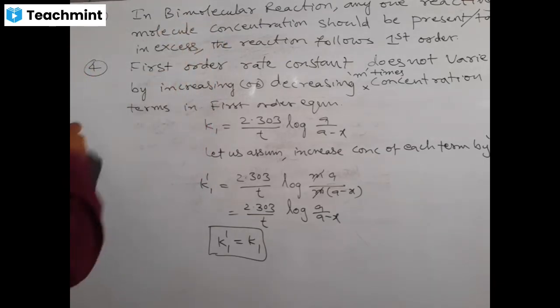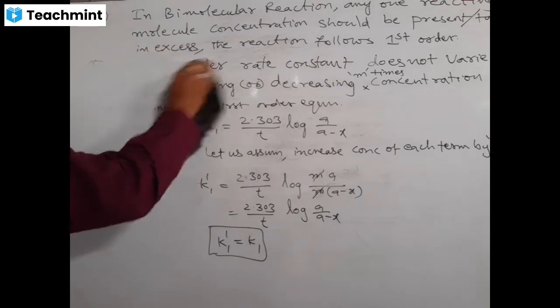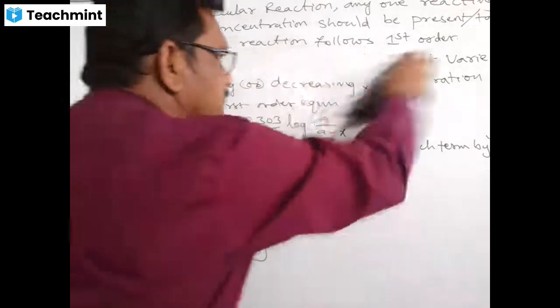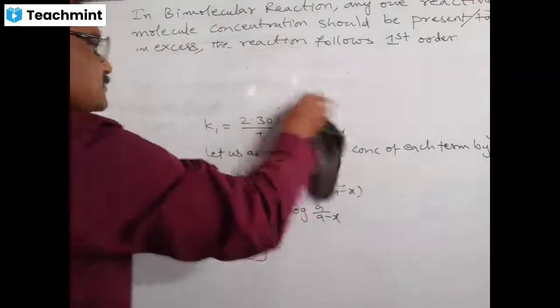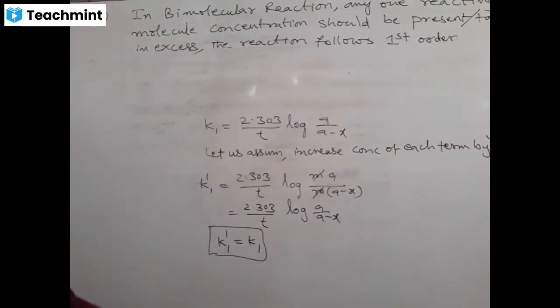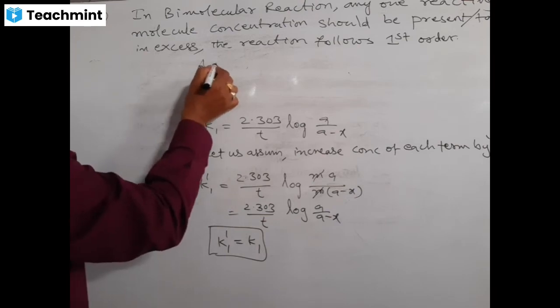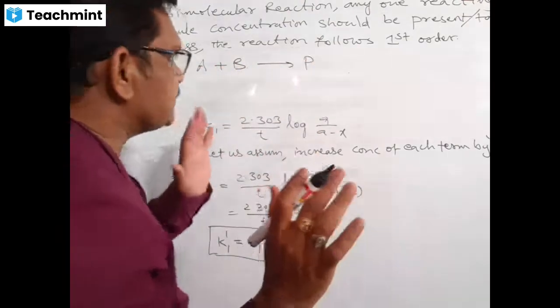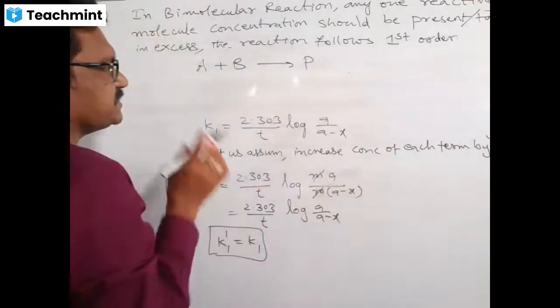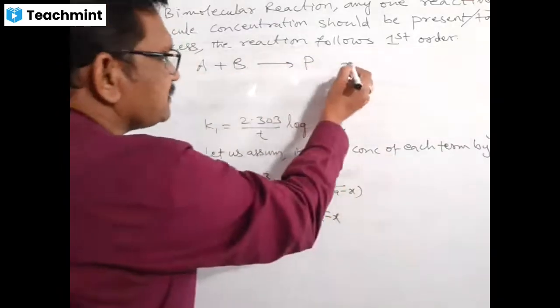I give you one reaction, then it is very easy to remember. For example, say A plus B gives rise to P. I give you a general reaction. Here, how many molecules are there?